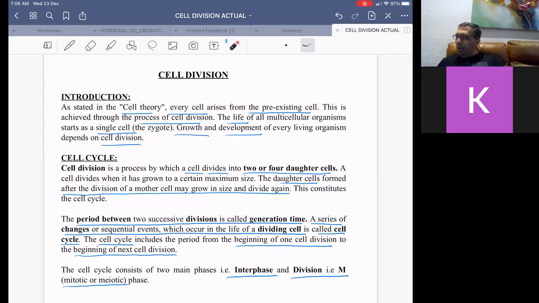The period between two successive divisions is called the generation time. The time between two cell divisions is called the generation time.